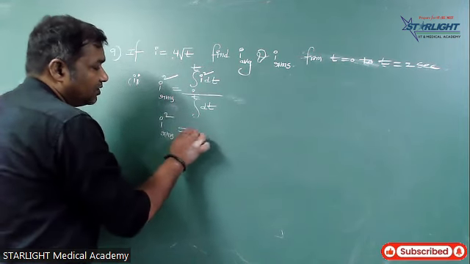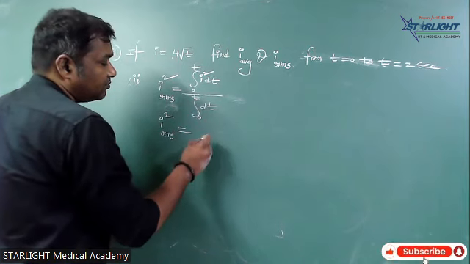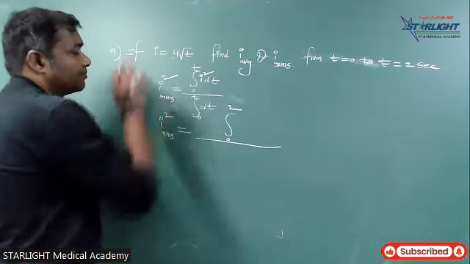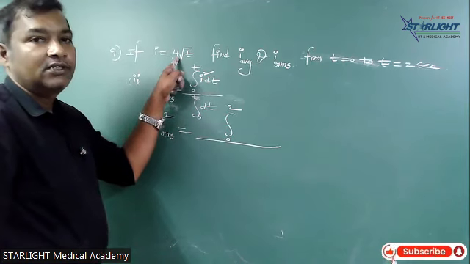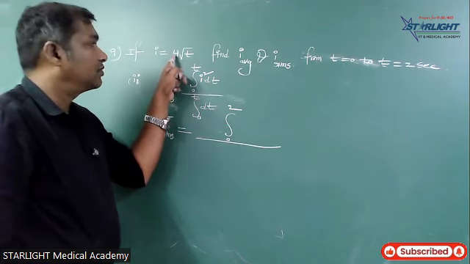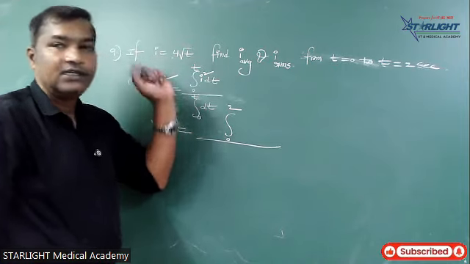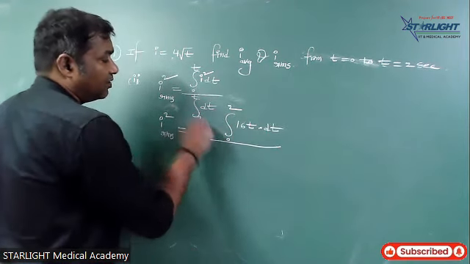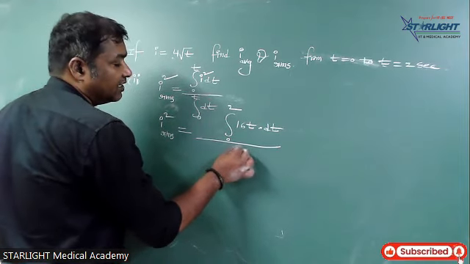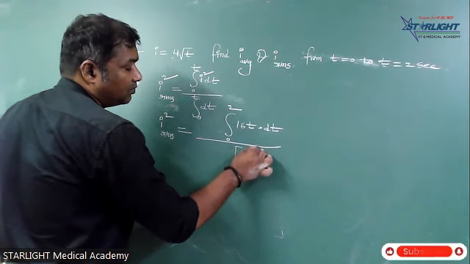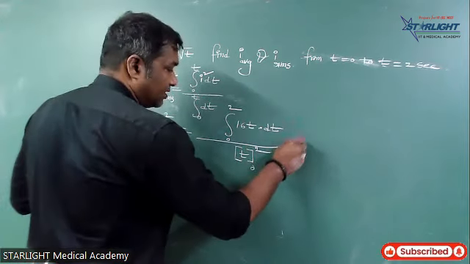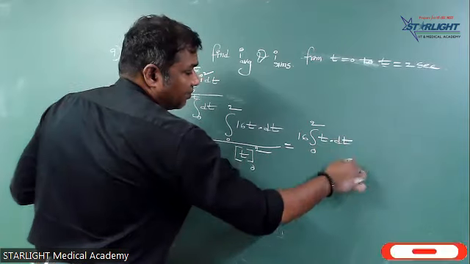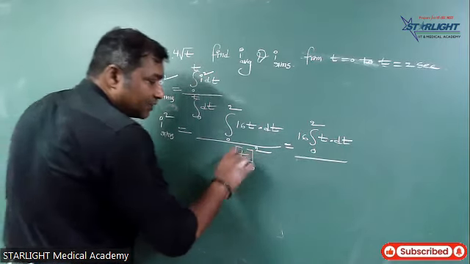I RMS square is equal to integral 0 to 2 limits I square. Square this: 4 squared is 16, root t whole square is t, so finally 16t dt upon integral dt, limits 0 to 2. 16 outside, integral 0 to 2 t dt upon, substituting limits, 2 minus 0.